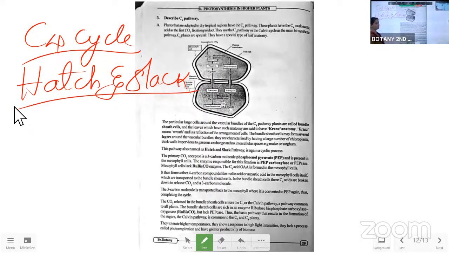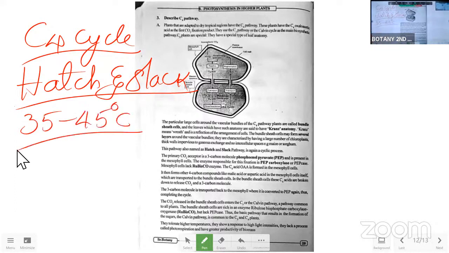This is seen in tropical and subtropical plants, which can tolerate temperatures of 35 to 45 degrees centigrade. This can be seen mostly in sugarcane, maize, etc.